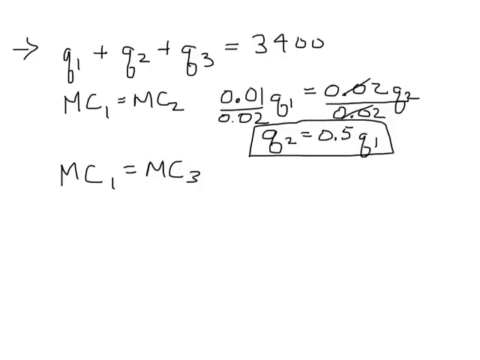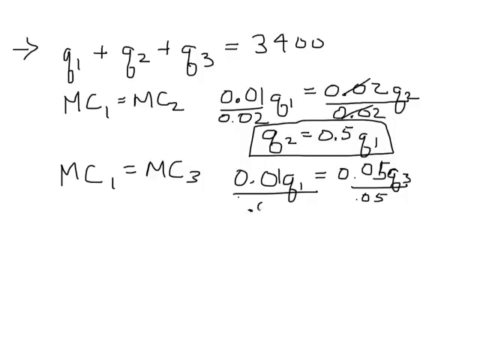Then, by that same logic, second to last step, we know that 0.01 Q1 is also equal to 0.05 times Q3. So I can divide both sides by 0.05. These cancel, so I'm left with Q3 is equal to 0.01 over 0.05, but that's just 1/5, otherwise known as 0.2, 20%.